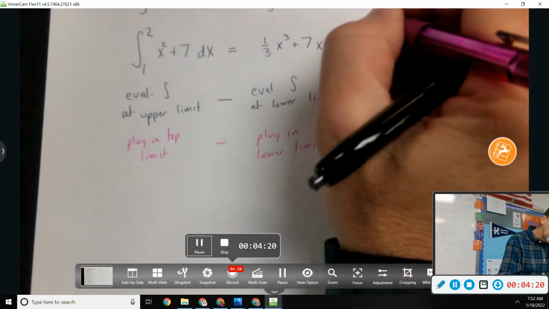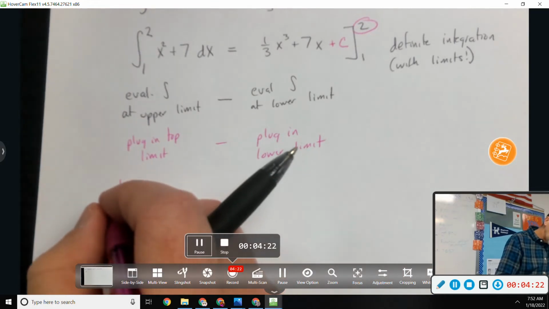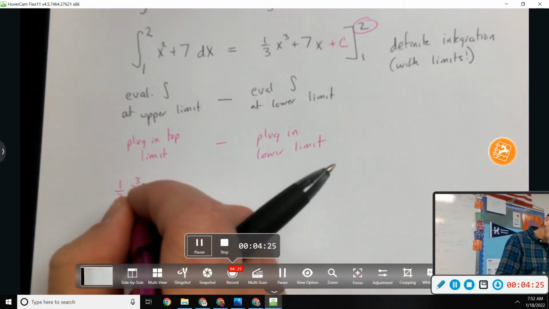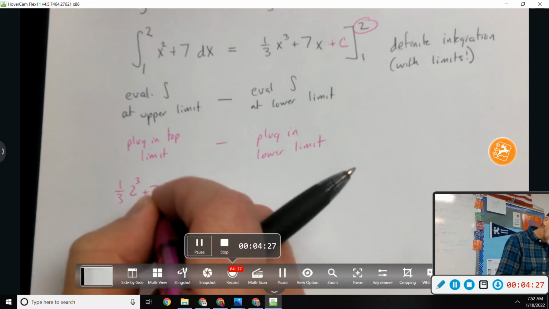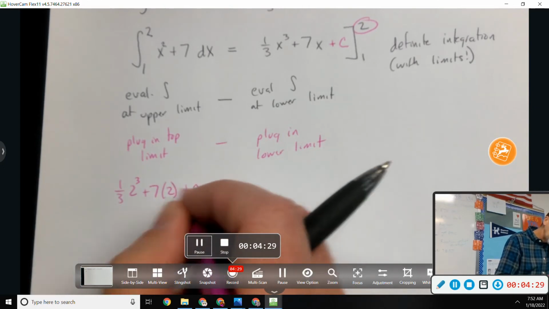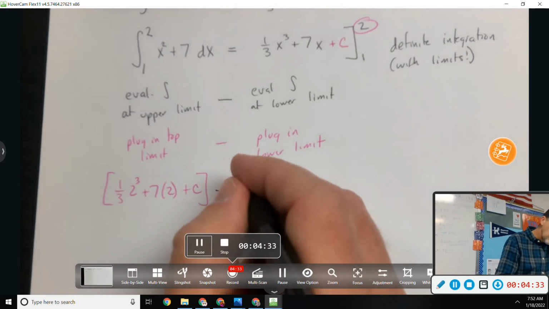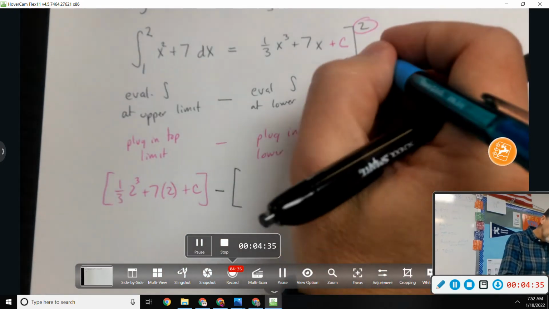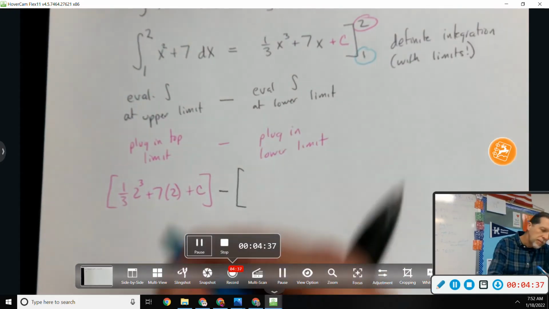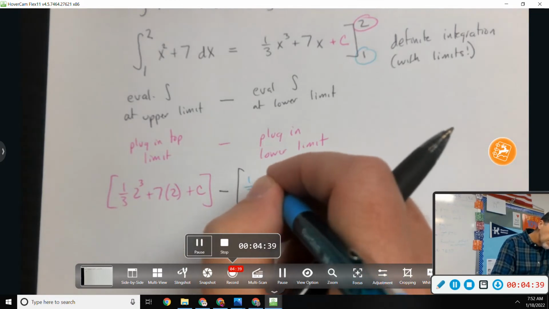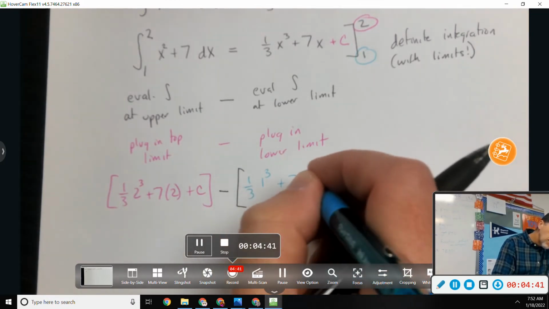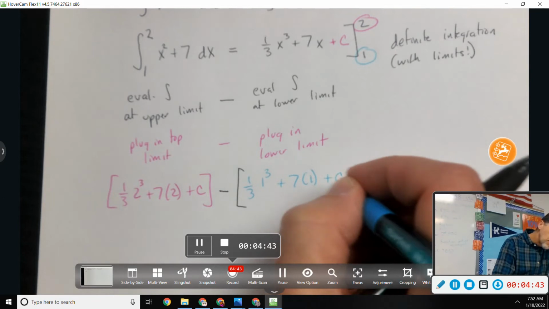So if I plug in 2, that's 1/3 2 cubed plus 7 times 2 plus c, minus, plug in the lower limit, 1/3 1 cubed plus 7 times 1 plus c.